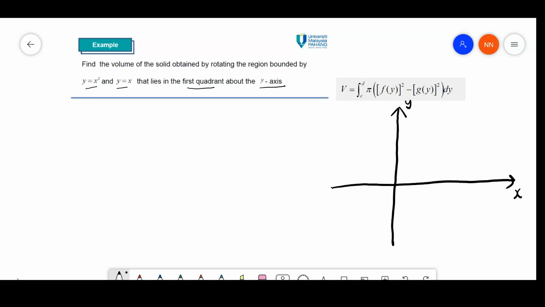So we have y equals x squared, defined only in the first quadrant. Actually, the graph is similar to the previous example, example 1. So we have y equals x squared, a parabola, and then y equals x is a straight line.